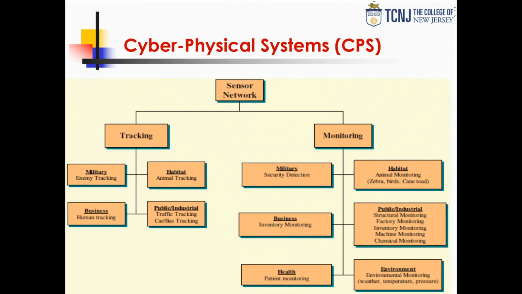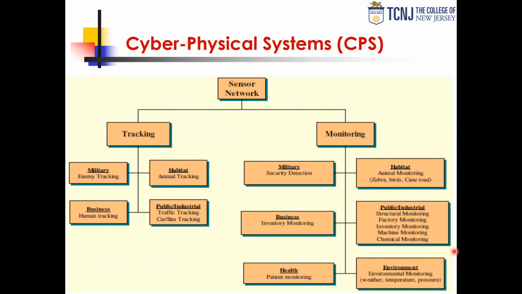And here's a nice chart. When we look at the sensor networks and these two groups of applications, we can see tracking for each of the domains, some of which we have discussed already. In the military, you can track enemy forces, sort of like surveillance.